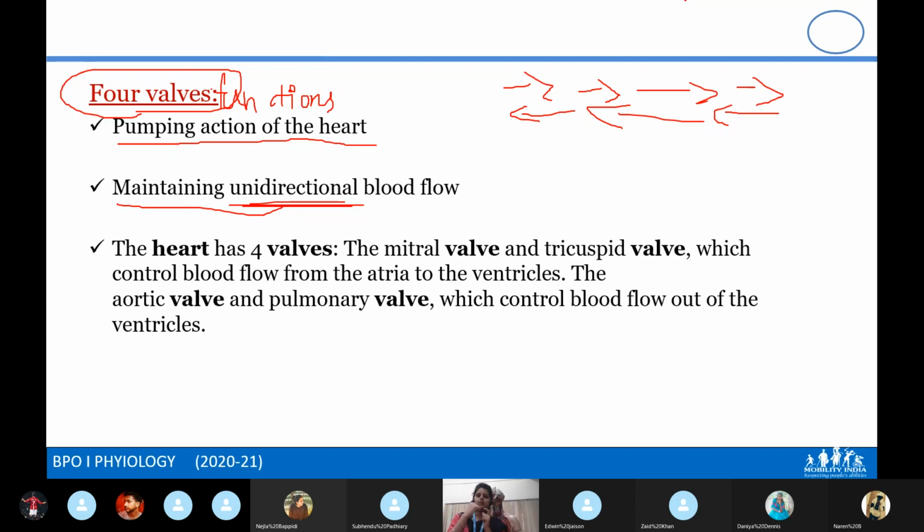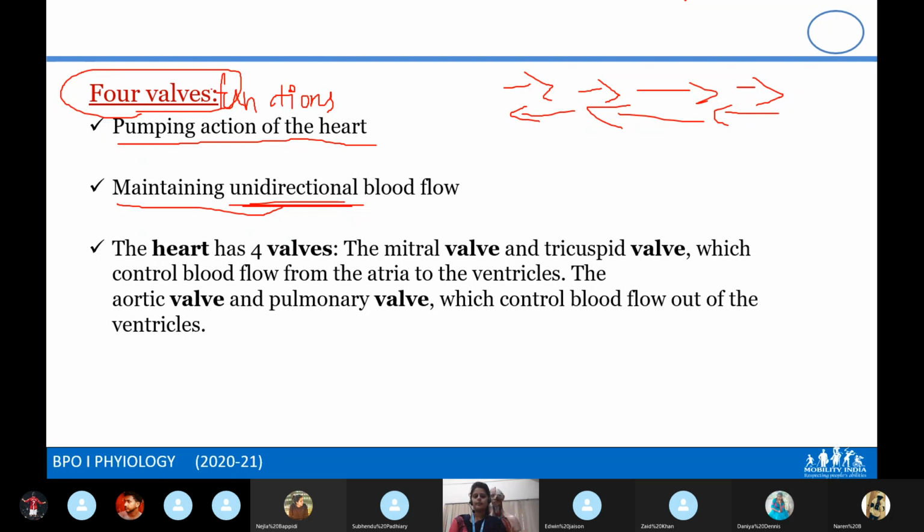Second thing, the cardiac cycle. With unidirectional flow of blood, it is going in a good manner. But if there is multi-direction or bi-direction, then the cardiac cycle will not be complete. It might go halfway, then come back. Then all the tissues are not receiving the proper blood on time.